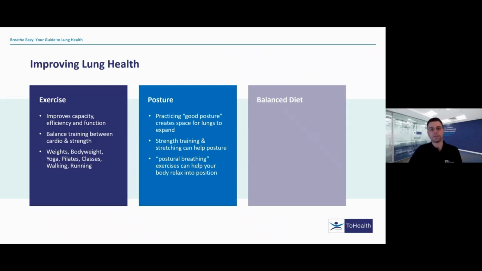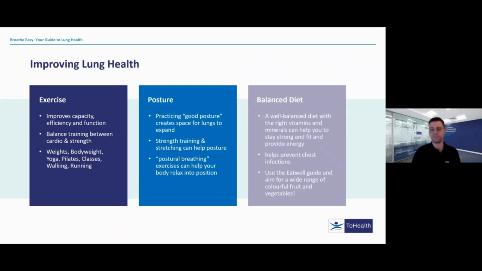And then the last way that we can help is that classic of a balanced and good diet. Fruit and vegetables have vitamins and minerals that support your immune system to help fight off things like chest infections. Carbohydrates give your body energy for breathing and everyday tasks.